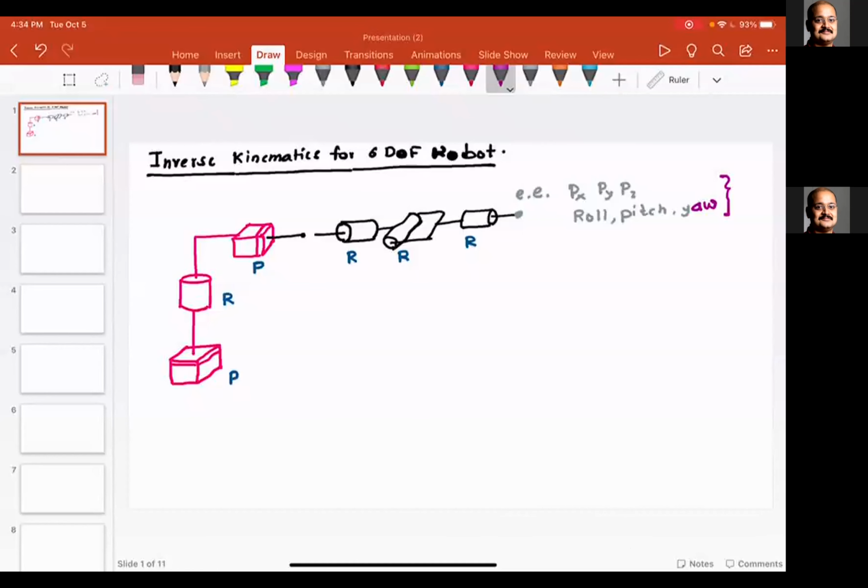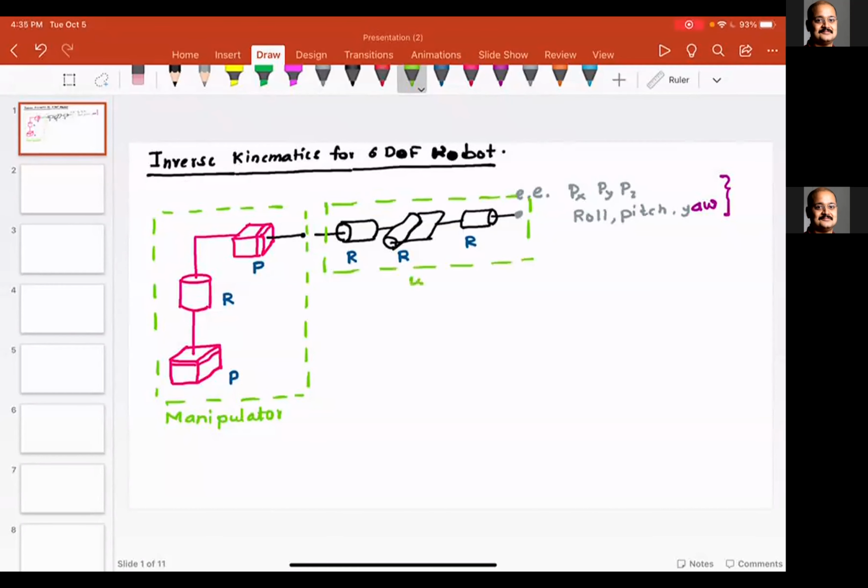Now, the first most important thing is that we are going to split this robot into 2 parts. The first 3 joints are called the manipulator, and the last 3 joints we are going to call the wrist.